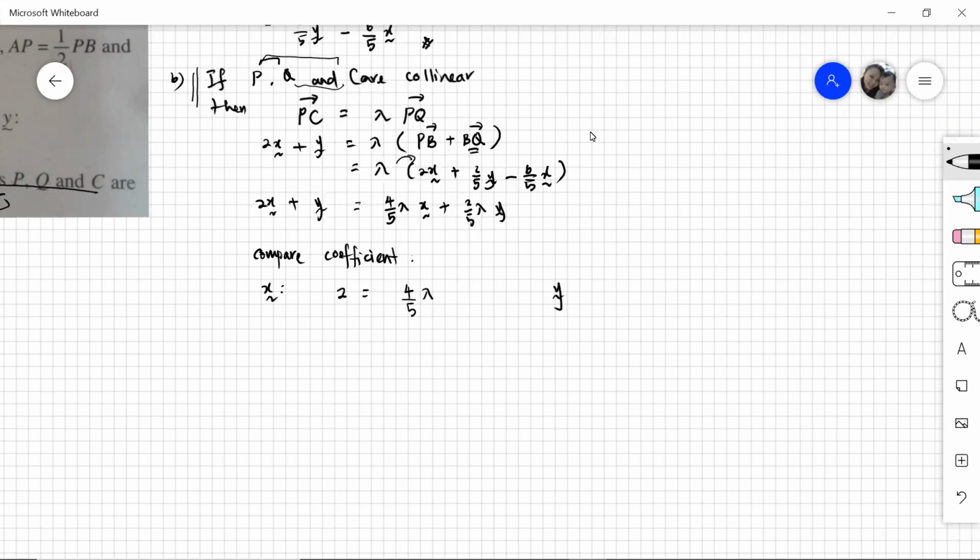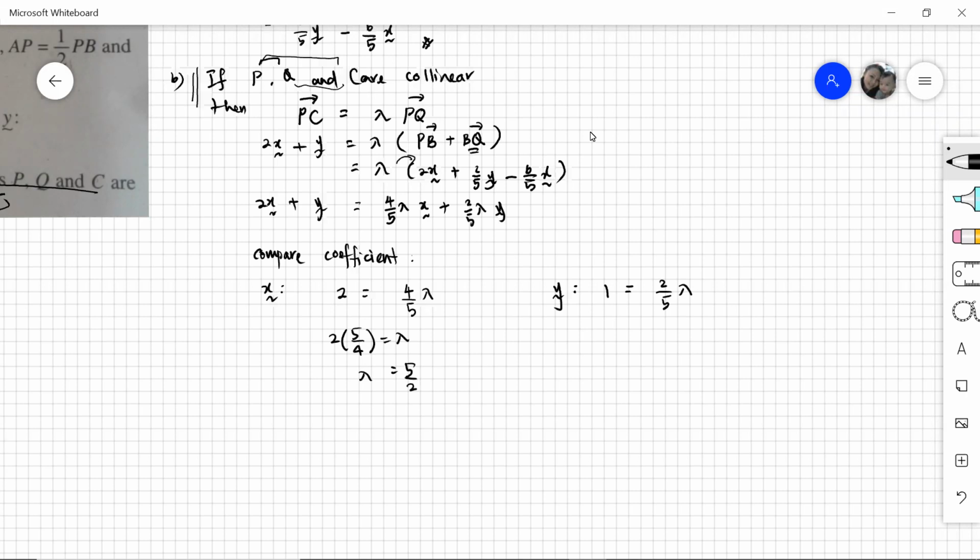For vector y, on the left-hand side the coefficient is 1, and on the right-hand side it is 2 over 5 lambda. So over here we can find the value of lambda. It will be 2 times 5 over 4. Rearranging the equation, lambda is 5 over 2.